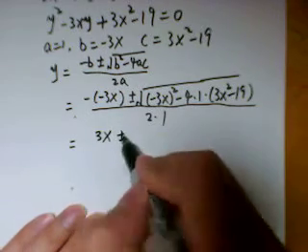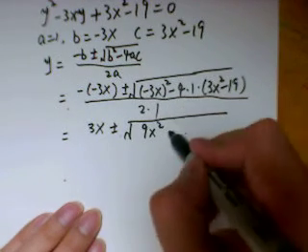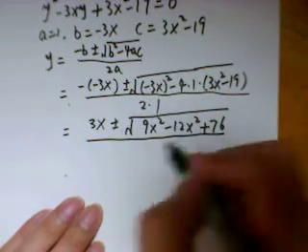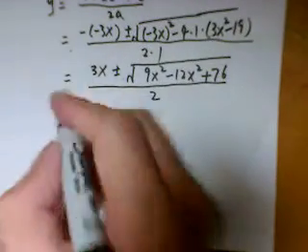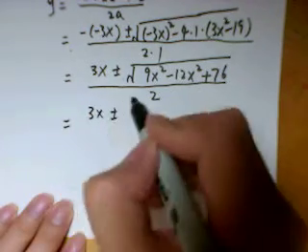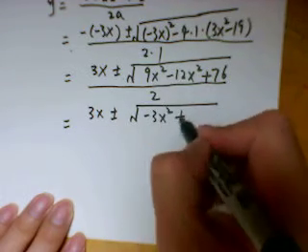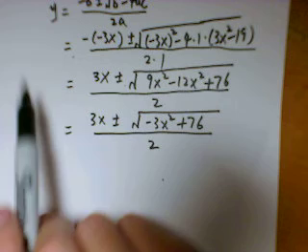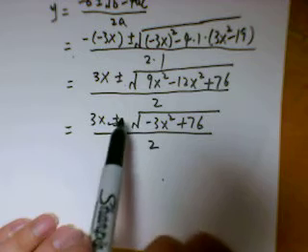We're gonna get 9x squared minus 12x squared plus 76. Continuing, we can simplify this guy and get two solutions. That is negative 3x squared plus 76. So we got y equals 3x plus or minus the square root of this guy. So we have two solutions.